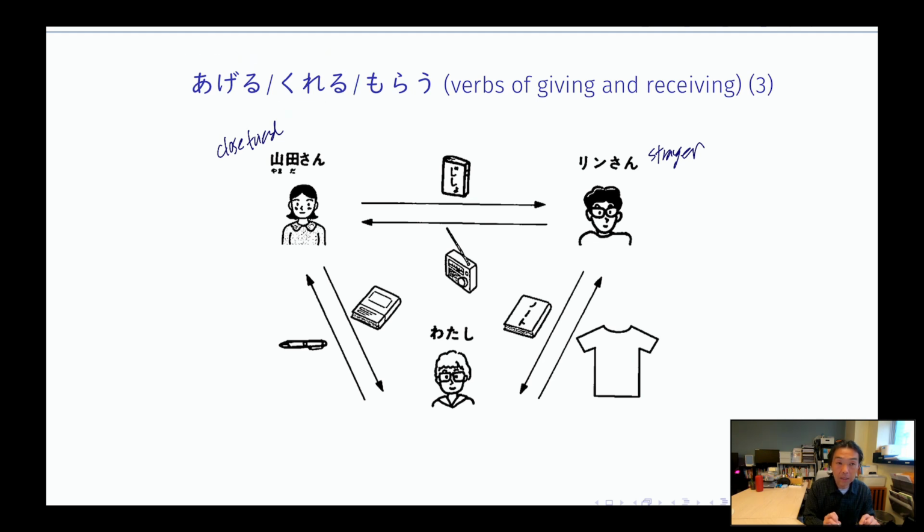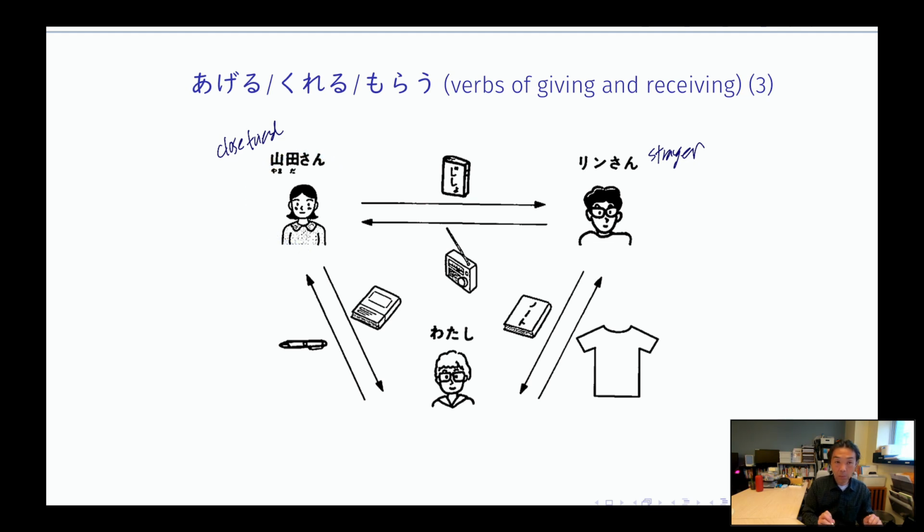So in both ways, the subject is a giver, right? So always the giver starts. So we say, 私は山田さんにペンをあげる. Or 山田さんは私に本をくれる. Both of them are to give. The subject is the giver, starts with the giver.